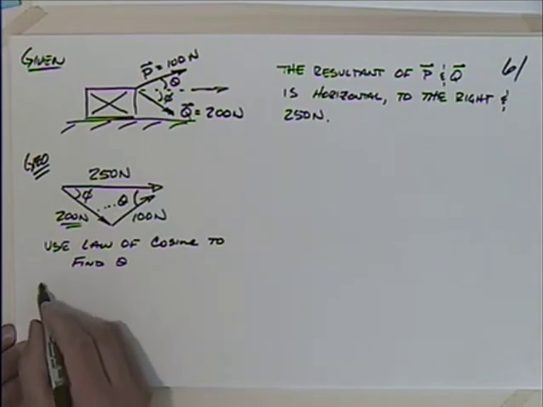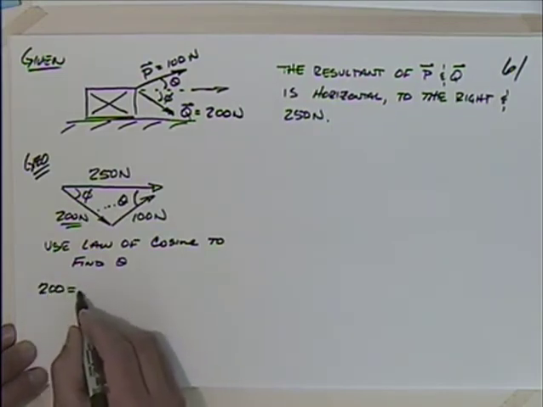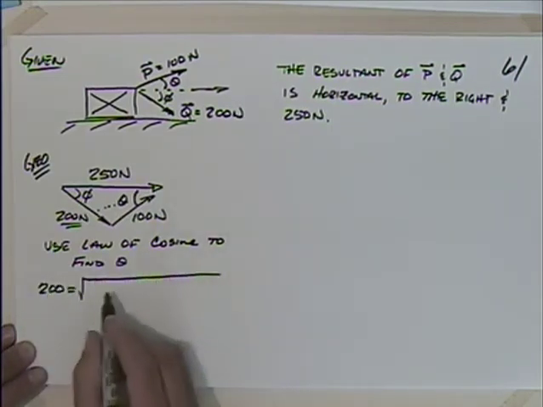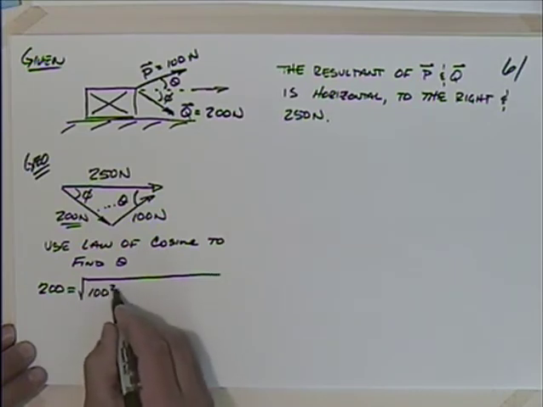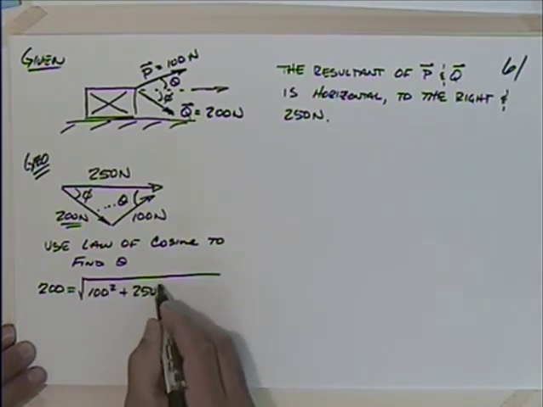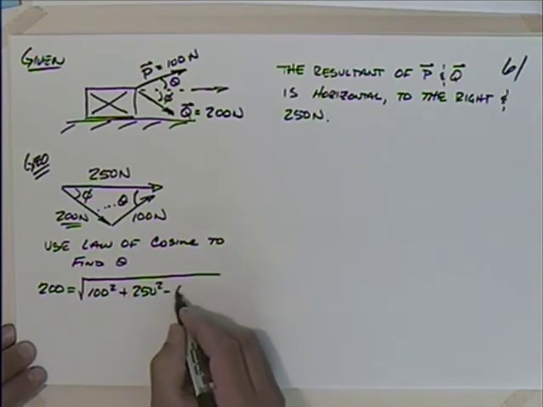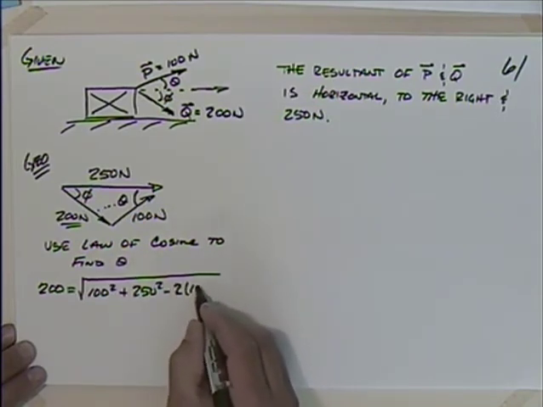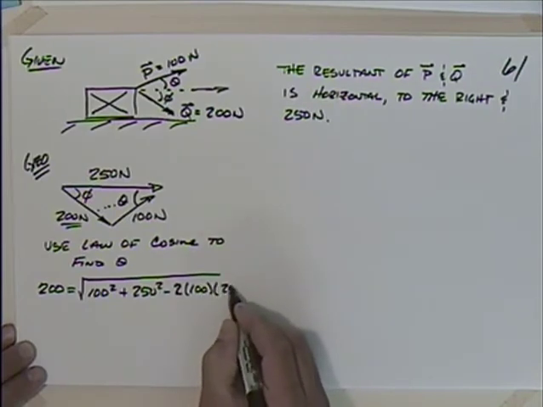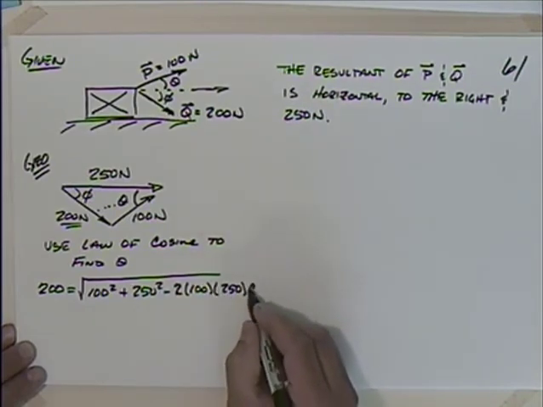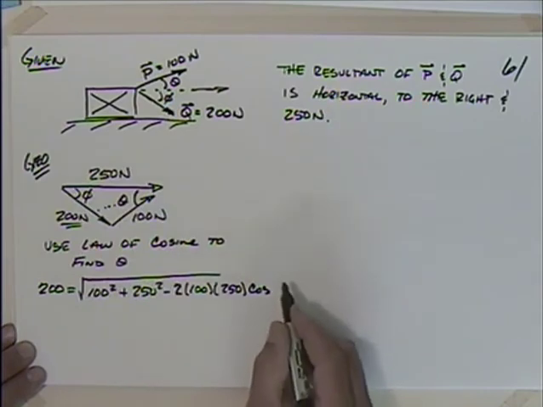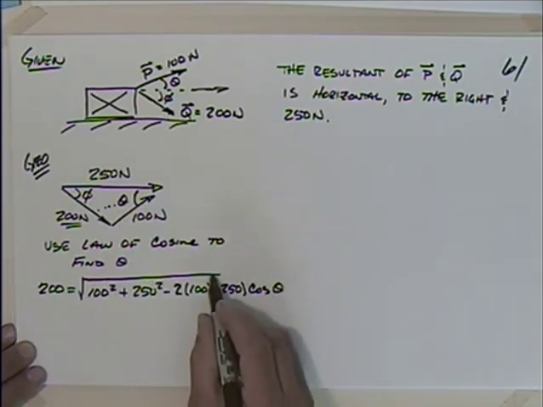So I could say that I have 200 is equal to the square root of 100 squared plus 250 squared minus 2 times 100 times 250 times the cosine of the angle between those, which is theta.